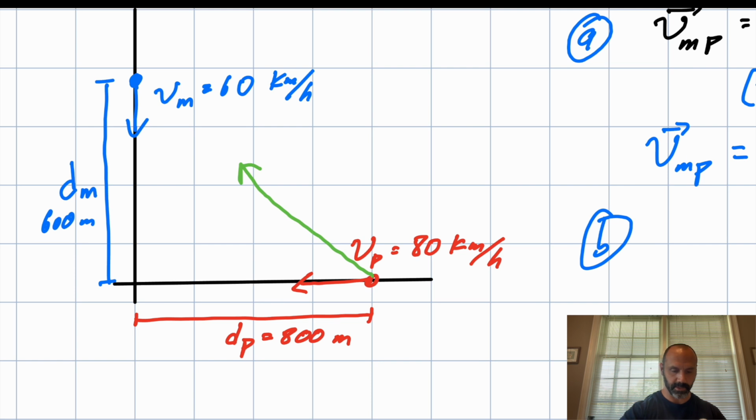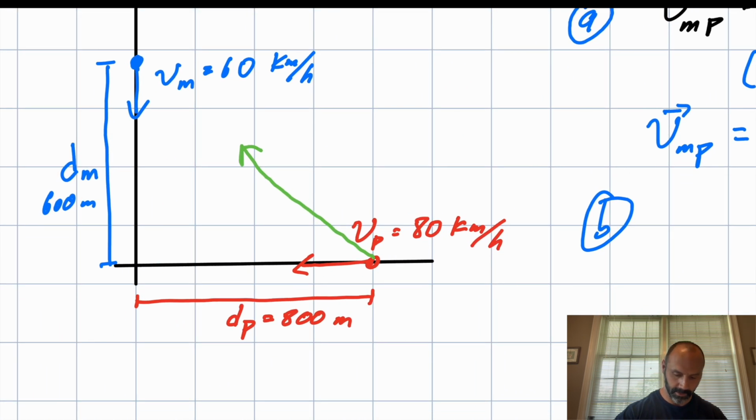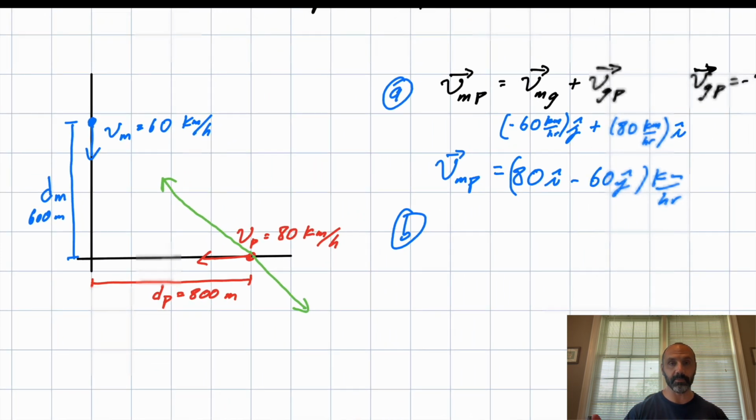So it's the negative j and the positive i, it looks like it's going that way. And if you look at the positions, it's the same ratio, 60 over 80 and then 600 over 800. And so the answer is 180 degrees: the angle between the line of sight and the velocity is going in the opposite direction.